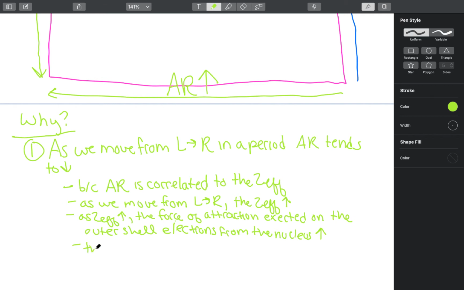Now, this increased force of attraction causes atomic radius to decrease. So that's why, as we move from left to right on the periodic table, the atomic radius tends to decrease.